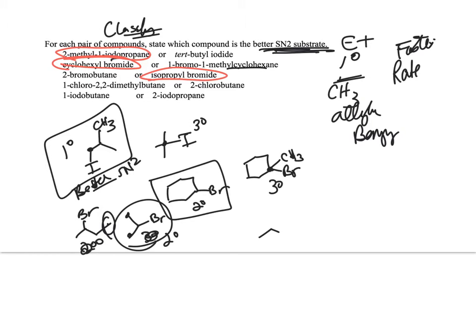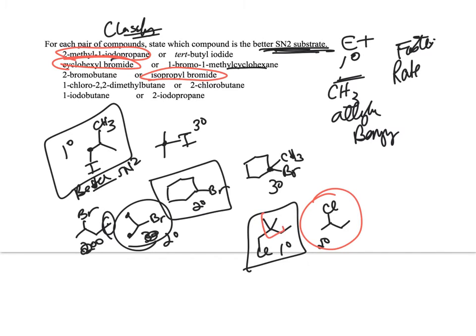Okay, here we have 2,2-dimethyl-1-chlorobutane versus 2-chlorobutane. Now, believe it or not, even though this is primary and that's secondary, the primary will be slower, because this group here is very hindered to get into this electrophilic carbon. And then the next one is iodobutane.